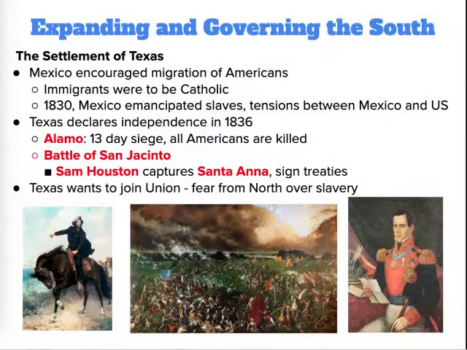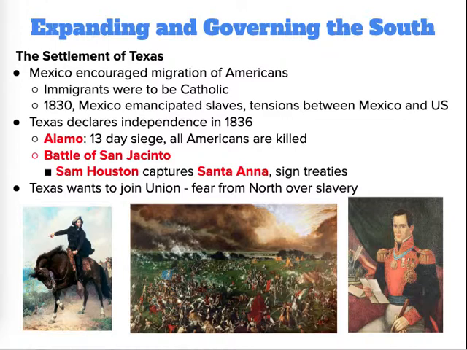Expanding and governing the South. The settlement of Texas. After winning independence from Spain in 1821, the Mexican government, short on population and cash for settling the region, encouraged settlement by Mexicans and by migrants from the United States.